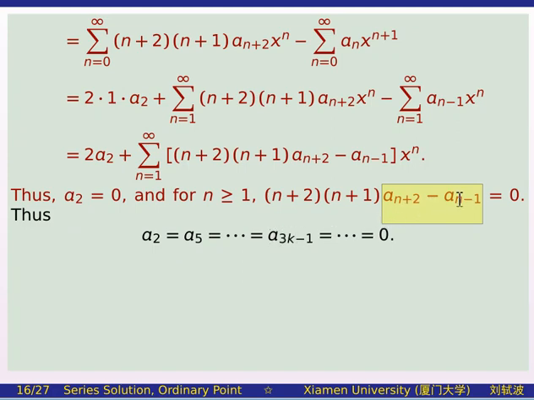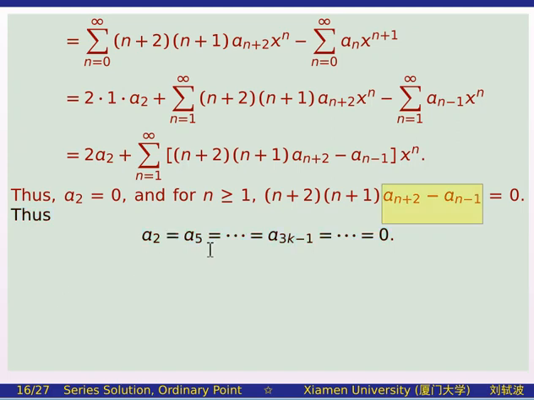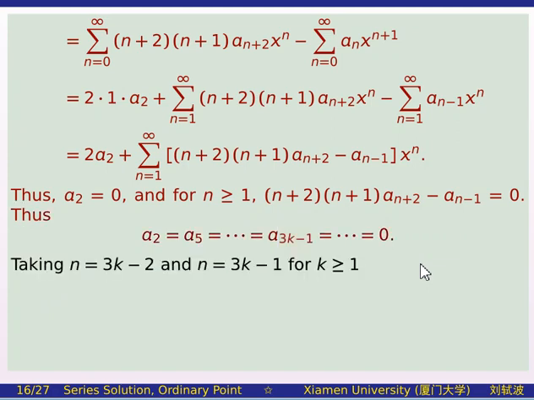And this is for n equal to 3k minus 1, and we also need to determine the others. Let me see, n equal to 3k minus 2, then here n plus 2 is 3k, and when n equals 3k minus 1, here n plus 2 is 3k plus 1.